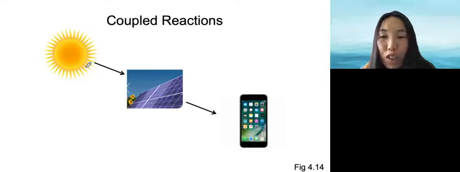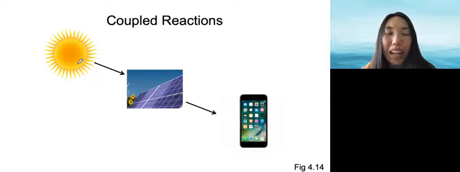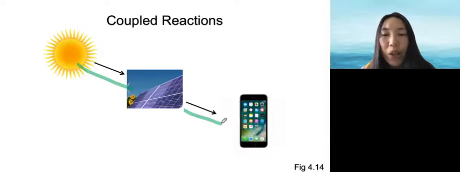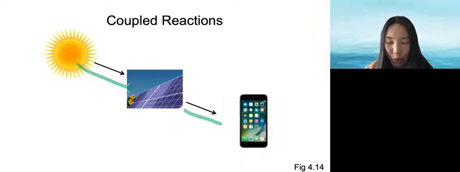Here, the first reaction is transforming the sun's energy into the stored energy in the solar panel. This is then coupled to the second reaction, where the energy in the solar panel is then transformed into electrical energy that your phone can use.